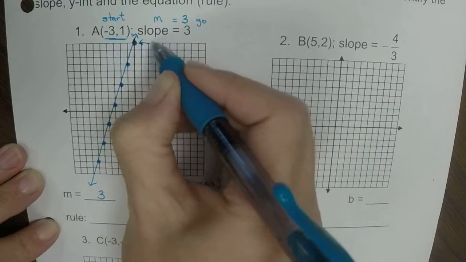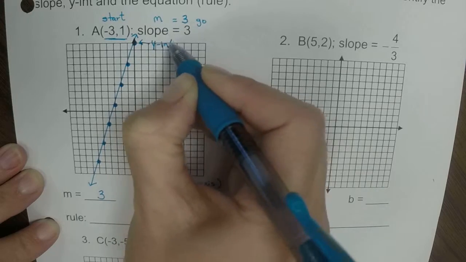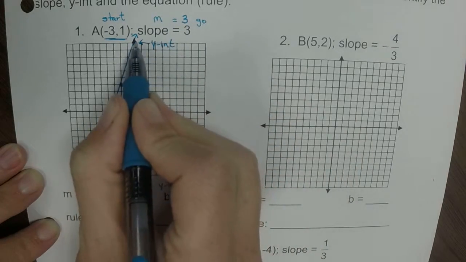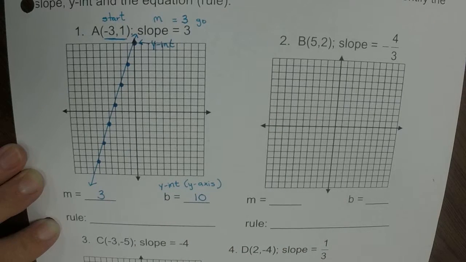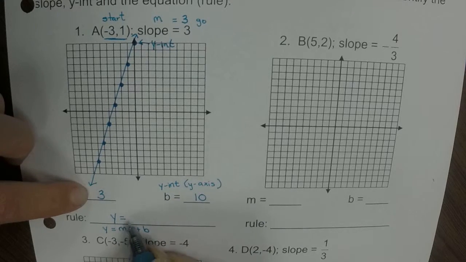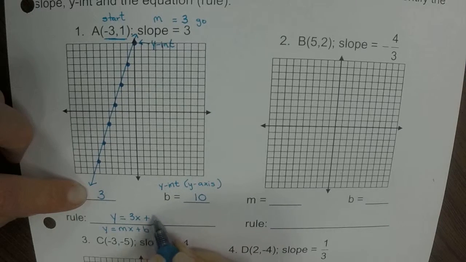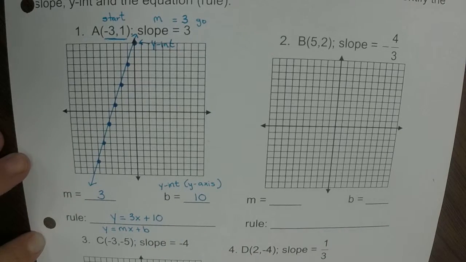So this is the y-intercept. Well, that is at +10. So that means my equation, which should be in y equals mx plus b format, would be y equals m, which is 3, so 3x, and then plus b, which is 10. So there's your equation.